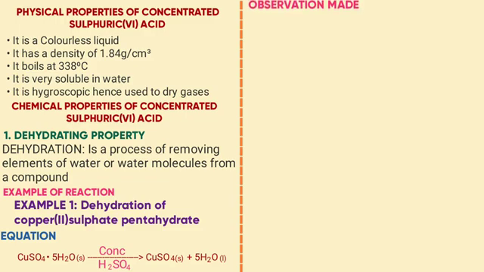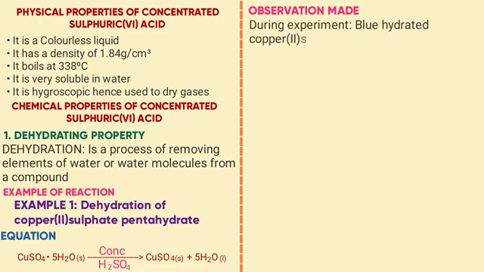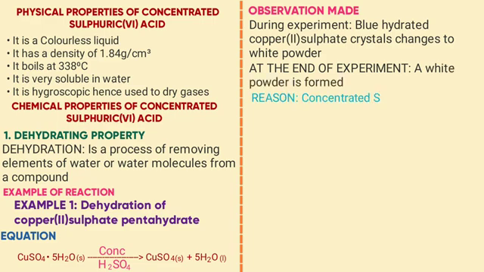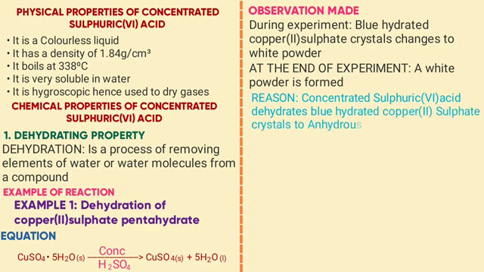Now, observation made during the reaction: blue hydrated copper sulfate crystals change to white powder. At the end of the experiment, a white powder is formed. Reason: concentrated sulfuric acid dehydrates blue hydrated copper 2 sulfate to anhydrous copper sulfate, which is a white powder.